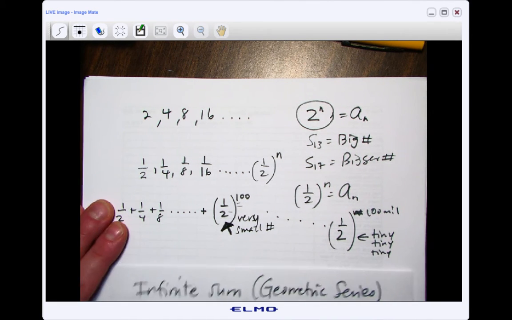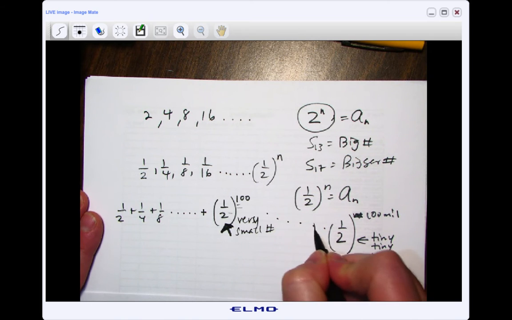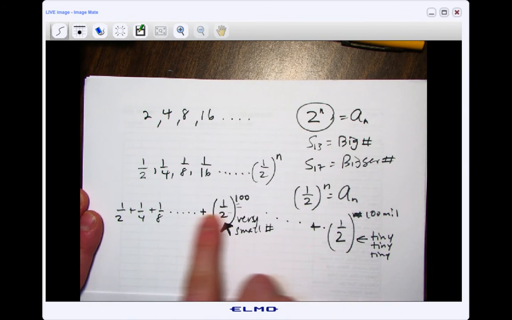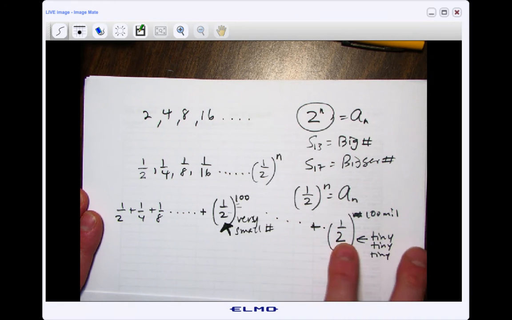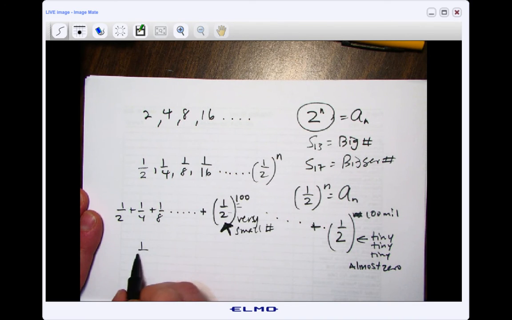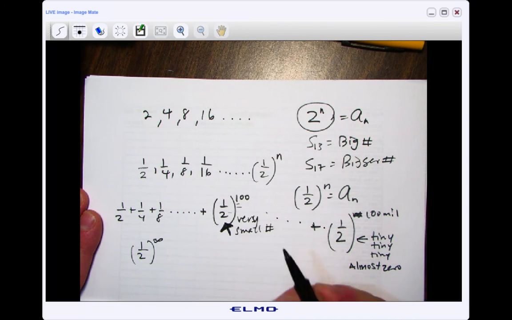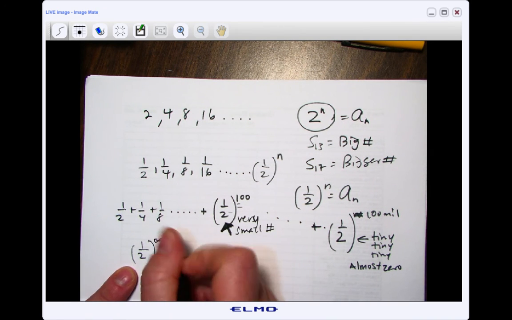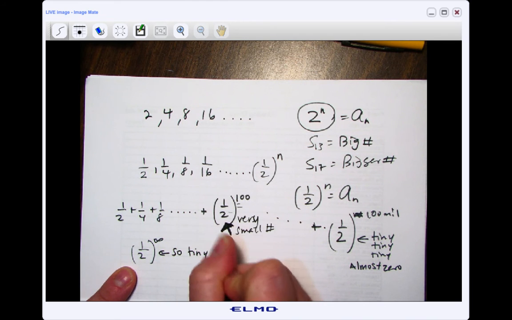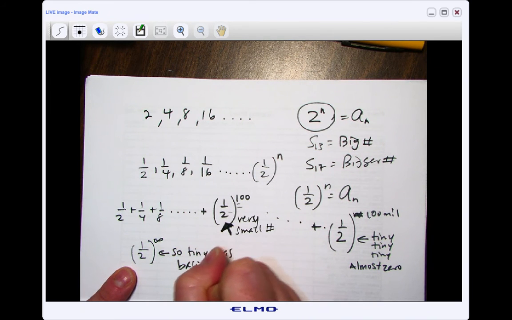So what's happening here is, if I'm finding the series, if I'm finding the sum, the numbers that I start adding are so teeny, tiny, they're almost zero. So if we had 1/2 to an infinitely big exponent, if you were allowed to do that, this would be so tiny, it has basically no value.